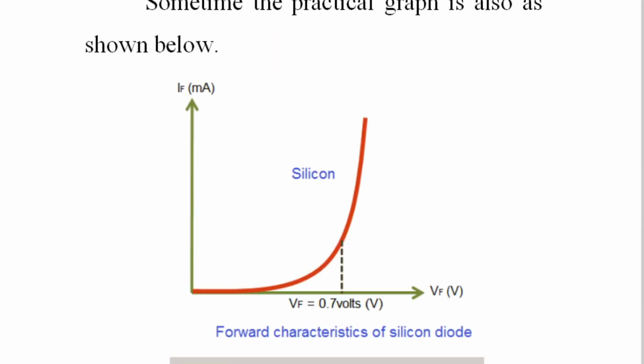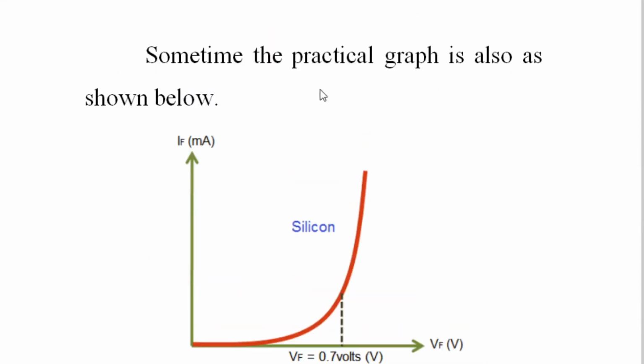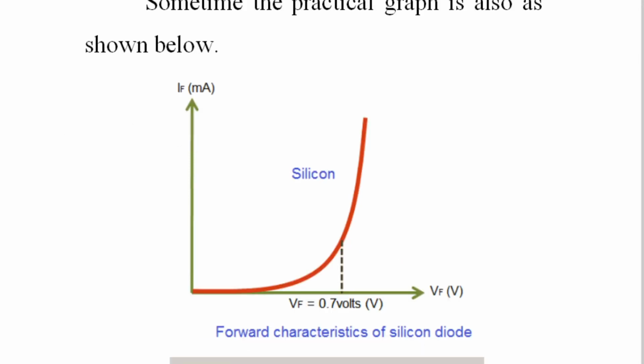Sometimes the practical graph is also as shown below. What is the difference between this graph and that graph? Here is the forward current flowing through the diode in milliampere, and the forward voltage across the diode. You see the current started flowing at 0.6 volt only, so this part is the same.